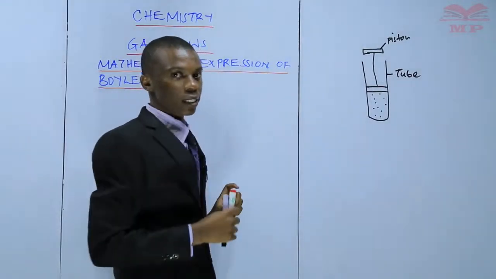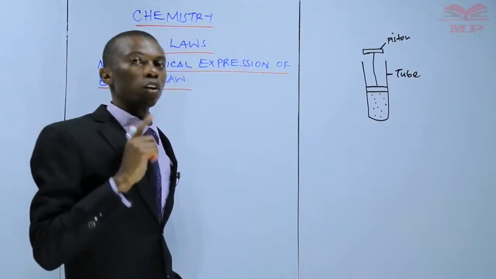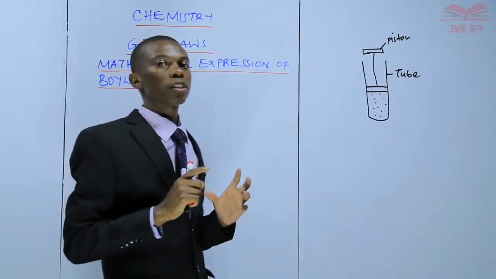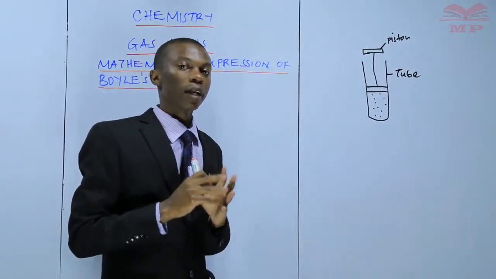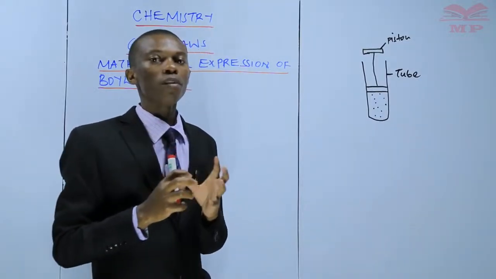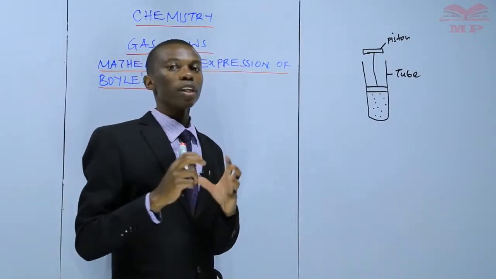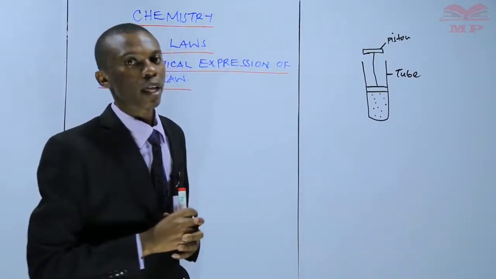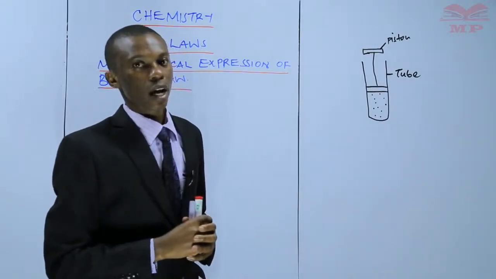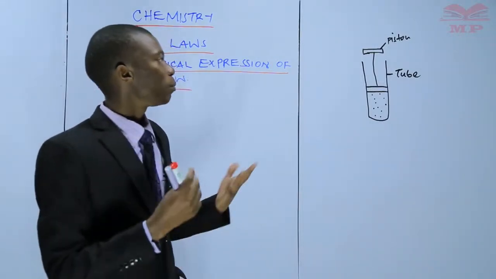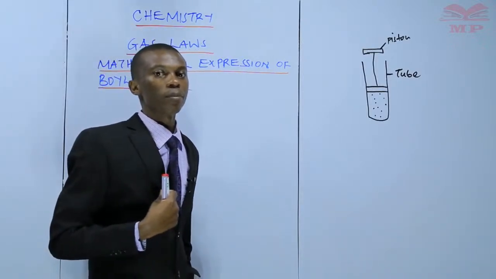The volume decreases, and at the same time the pressure increases, because the particles are now closer to one another, and hence they collide more effectively among themselves and with the walls of the container. That collision is what creates pressure. That is the simple demonstration I gave you in the previous lesson.